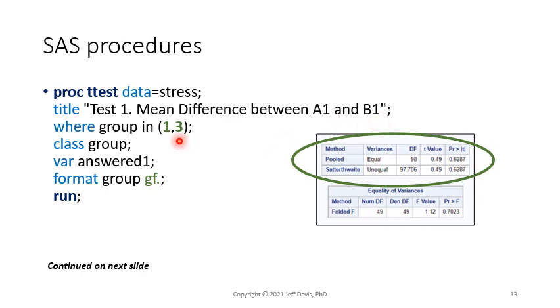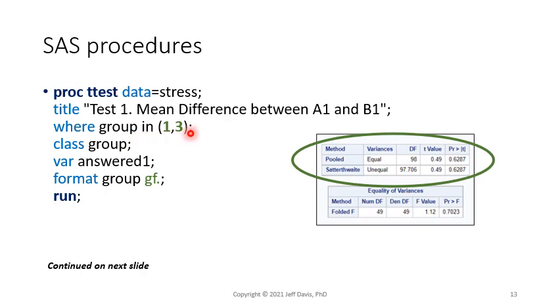So SAS is only going to look at those 2 groups. When it sees this reference here, it's not going to try to use all 4 values. It's only going to look at the groups that we told it to look at right here. So where group in 1 and 3.